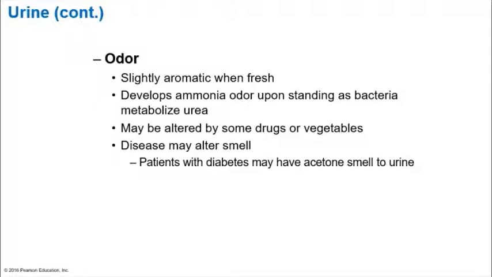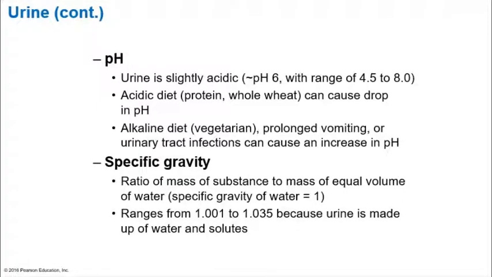Keep going, other things. Remember, you could also secrete acids to help maintain your acid-base levels. So your urine has a certain pH to it. Because you can secrete acids, your urine is slightly acidic, with a pH around 6. Sometimes it could dip lower, more acidic, or be slightly basic if you're a vegetarian.